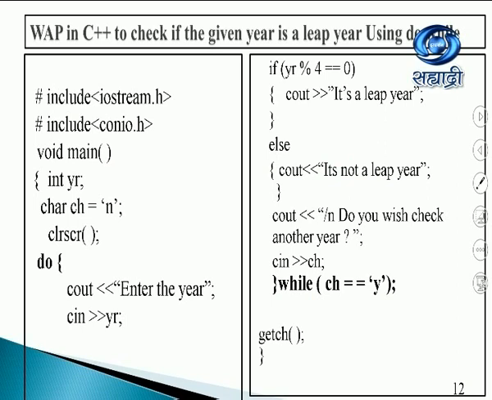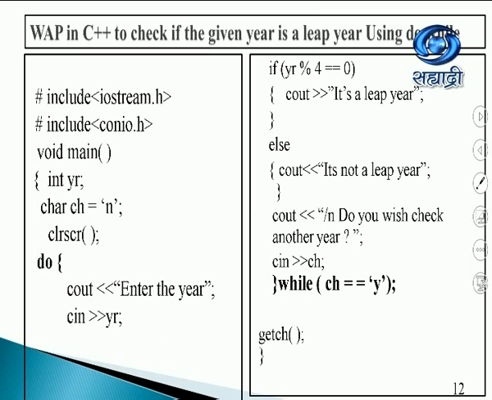We know the logic till this point. Now I check, do you wish to check another year? If I say yes, then it will be entered and ch will have the value Y. Now the condition, while ch is equal to Y. So is it yes? If it is true, if it is yes, continue the do loop again.